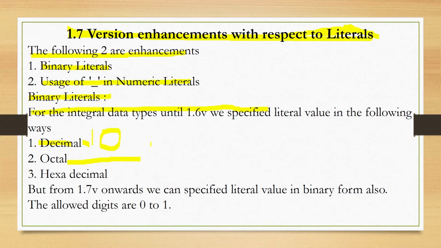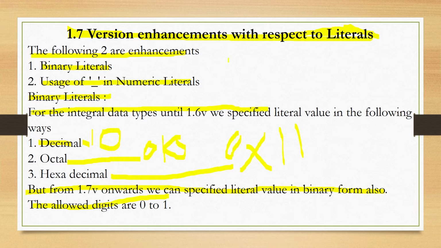For octal literals, we put 0 first, and then give whatever values we want. For hexadecimal literals, we give 0, then x, and then whatever values we want. But from version 1.7 we can specify binary literals also, and the allowed digits are 0 and 1.